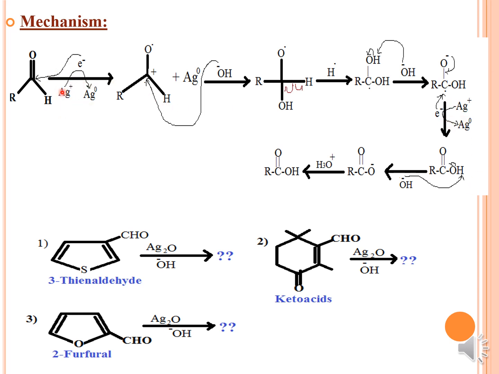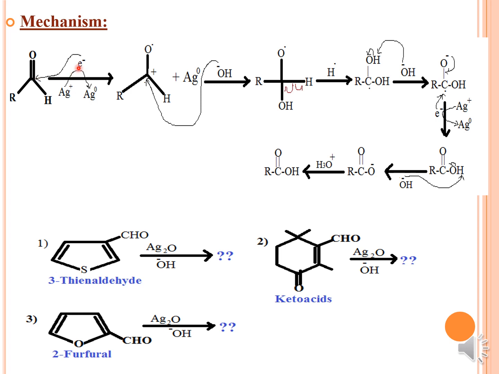So what happens, you know how the single electron transfer reaction takes place. Ag plus goes to the Ag ground state, and one electron comes over here, so there is an attack of one electron towards the carbonyl carbon. When this goes and attacks, you know that one bond consists of a pair of electrons.